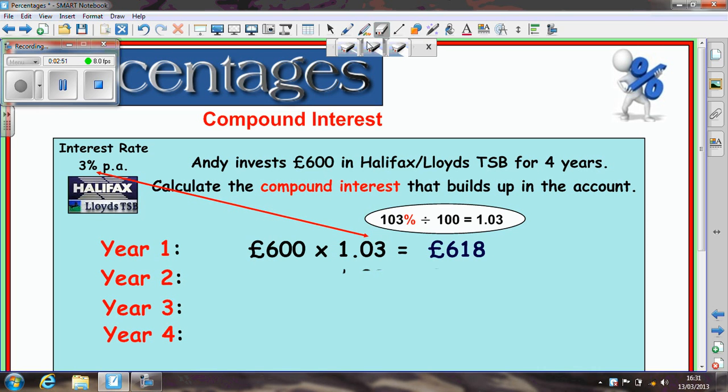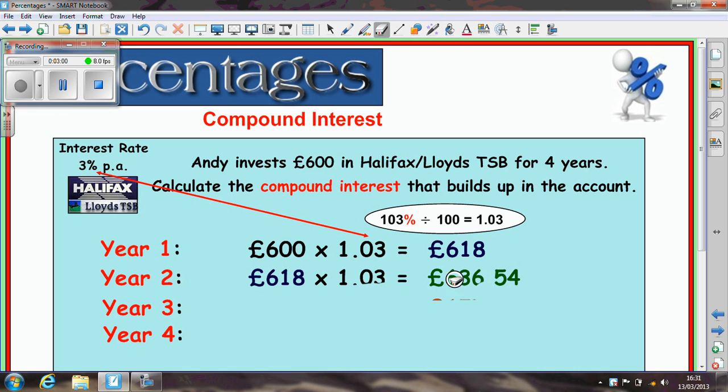So at the start of year 2, you've got £618. If you multiply that again by 1.03, you'll get your figure at the end of year 2, which is £636.54. And this carries on, and now you've got £636.54, and you multiply it by 1.03 again, you now get 655.63.